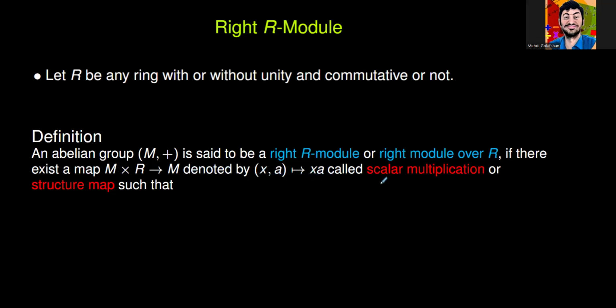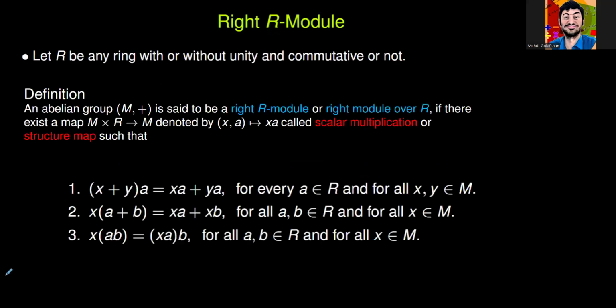It's called a scalar multiplication or a structure map, such that the following three conditions hold.